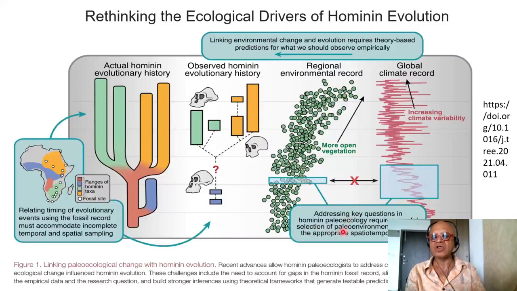So you look at, try to find relations between climate variability at the time and regional environmental record. Addressing key questions in hominin paleoecology requires careful selection of paleoenvironmental data of the appropriate spatio-temporal scale. And then once you have this information, you want to link environmental change and evolution, requiring theory-based predictions for what we should observe temporally and empirically.